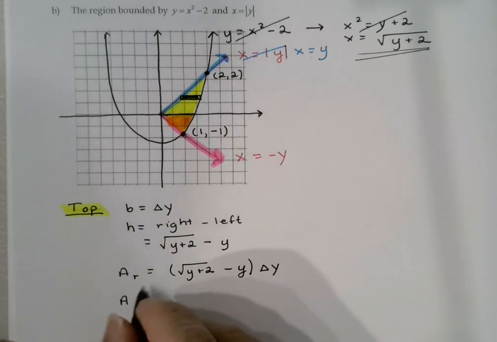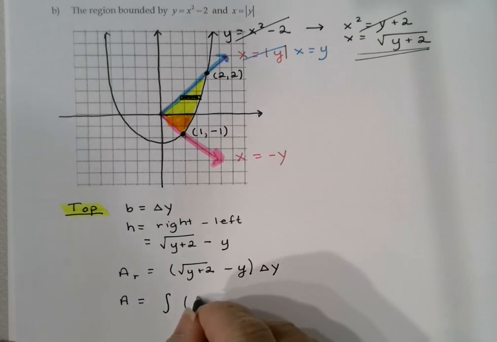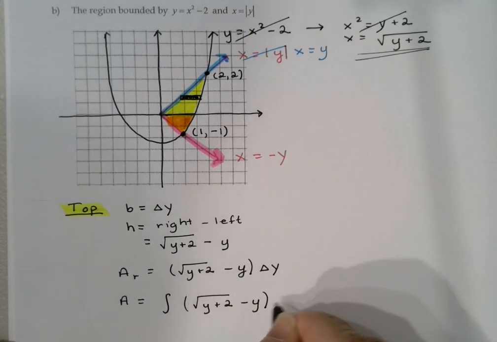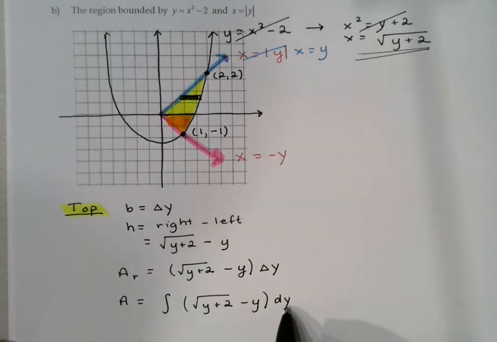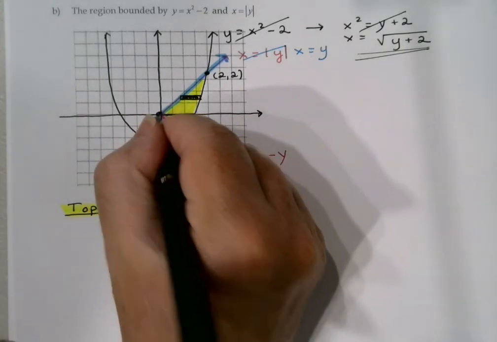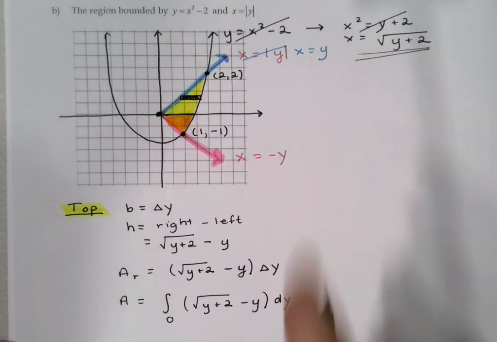And when I add up all the little rectangles, I actually end up getting an integral. Okay. That top section, I need y values. So starting here would be a y of 0, and ending up here would be a y of 2.